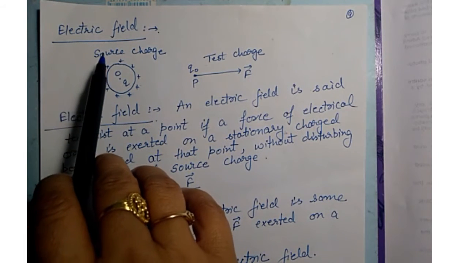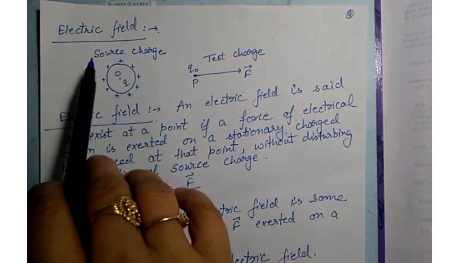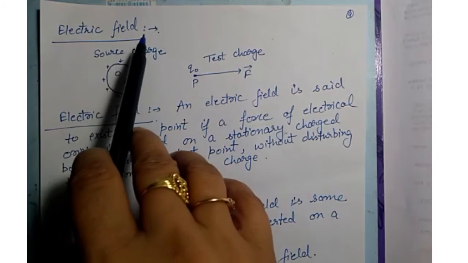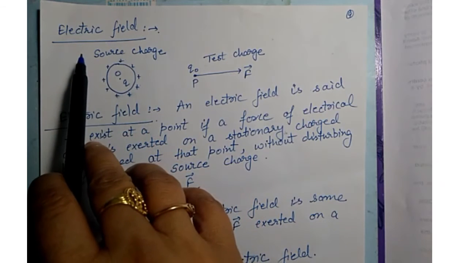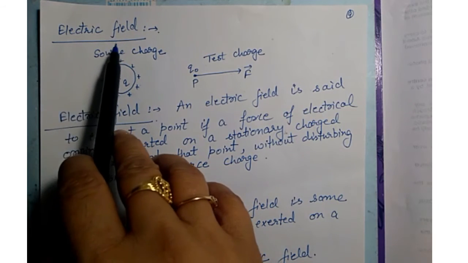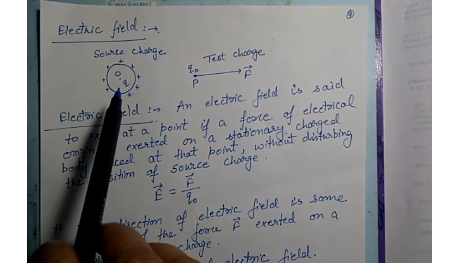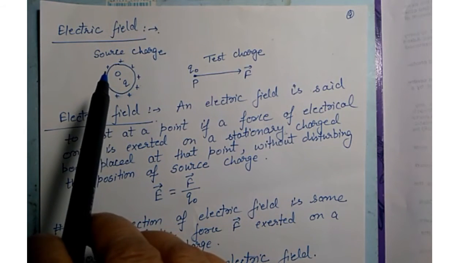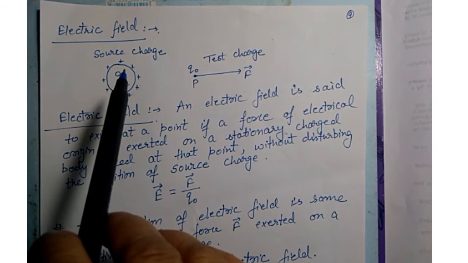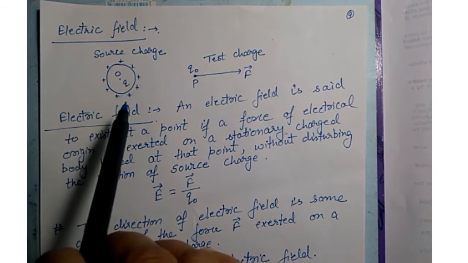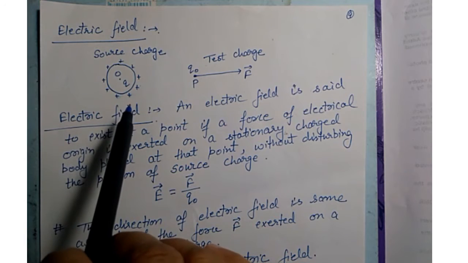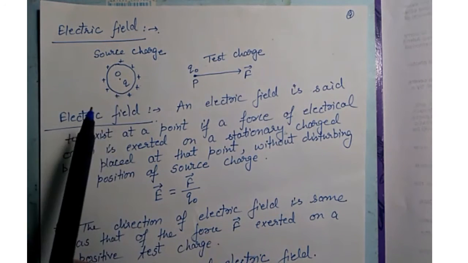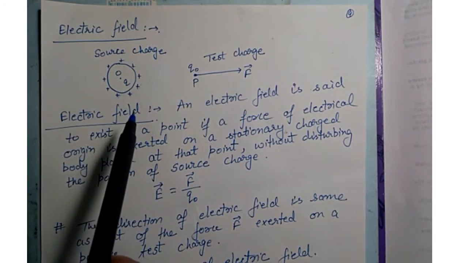After the superposition principle, our next topic is electric field. As the name suggests, it is the field of electricity or of the charge. As you know what a field is, in the chapter on magnetic field in your 10th class, you had studied that the magnetic field is the area around the magnet where the magnetic influence can be experienced.